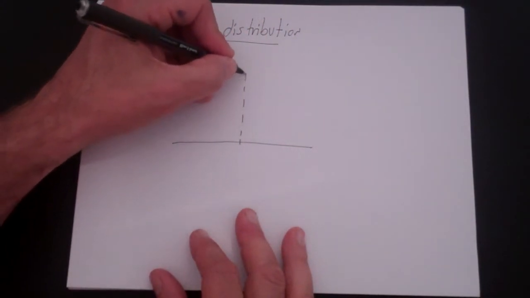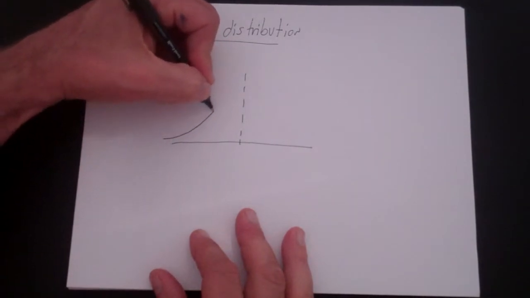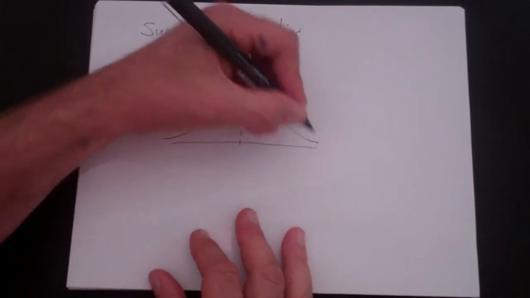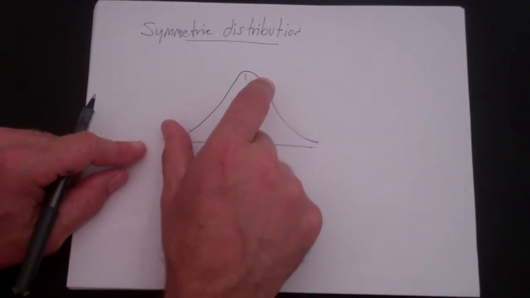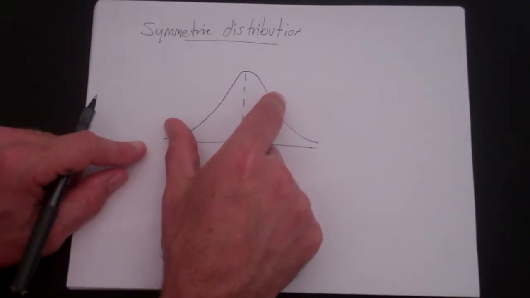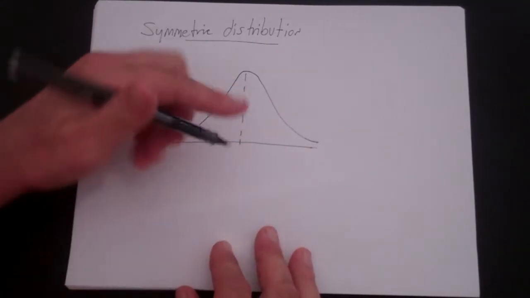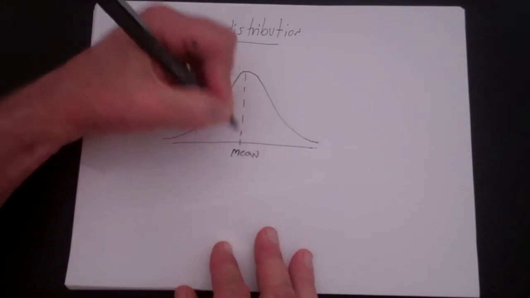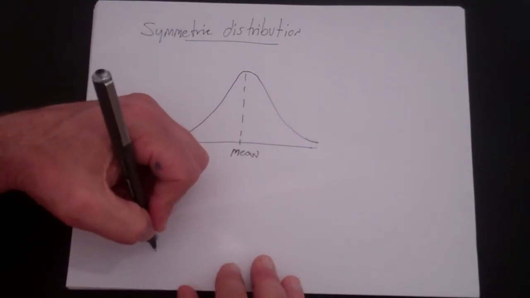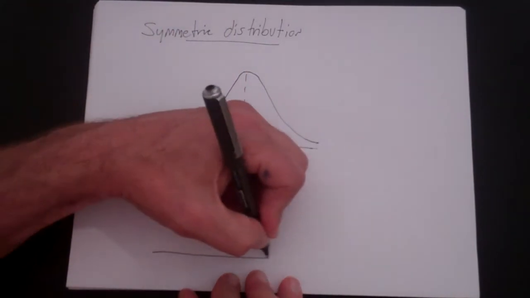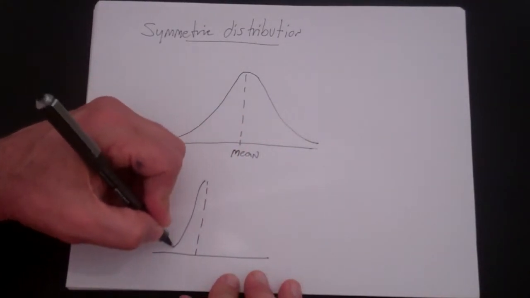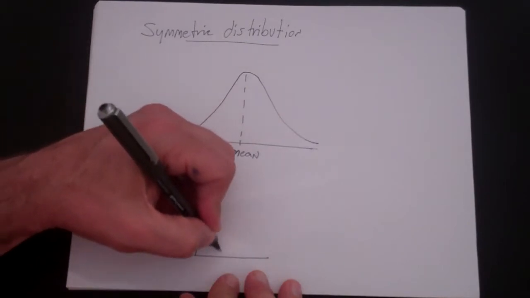But if this is your mean value, if you have roughly a distribution which is more or less equal on each side of the mean, then that's called symmetric. Sometimes symmetric around the mean. It can be really wide or it can be really narrow. That doesn't necessarily matter. Just whether or not it has the same shape.